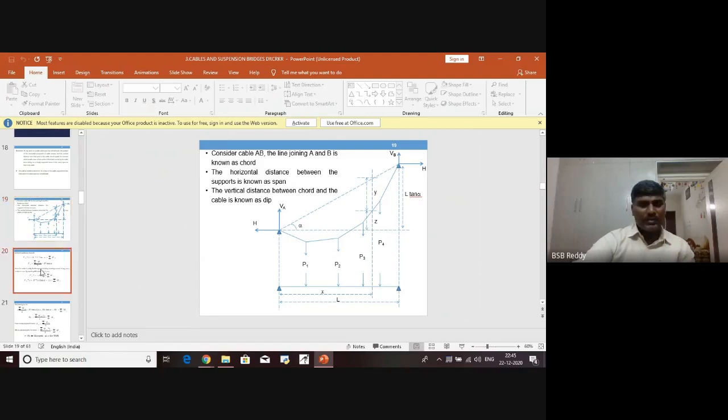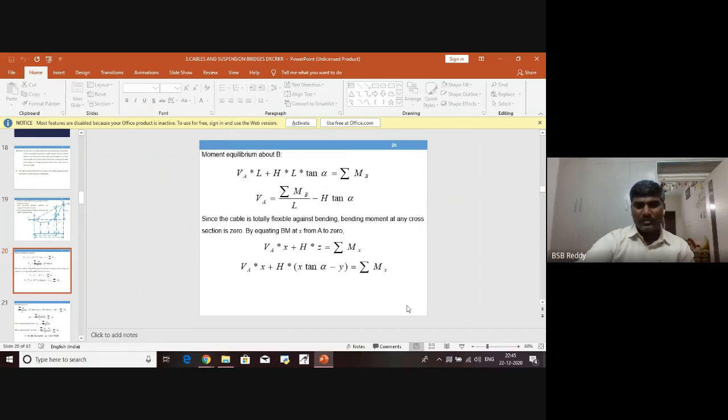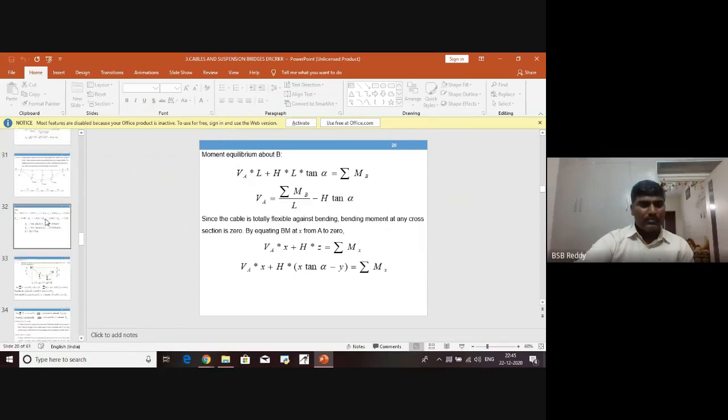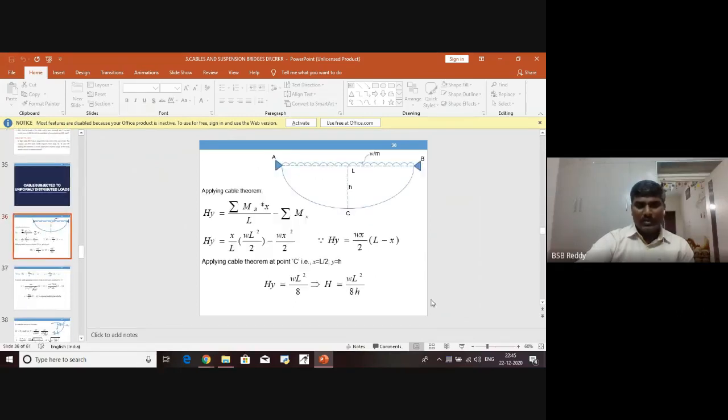I just put a notation here. So that is what sigma MB is. Don't misunderstand: this is the sum of moments about B for applied loads only.